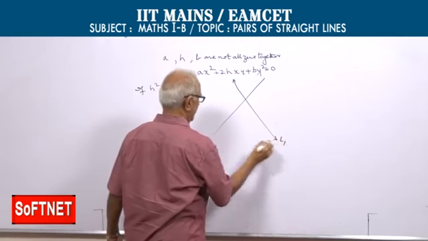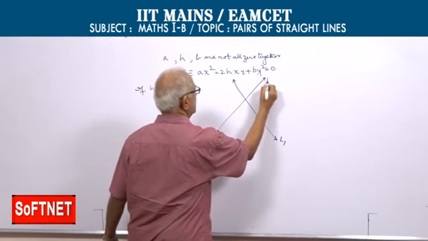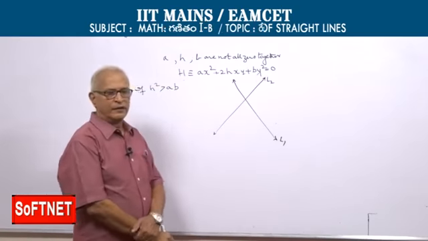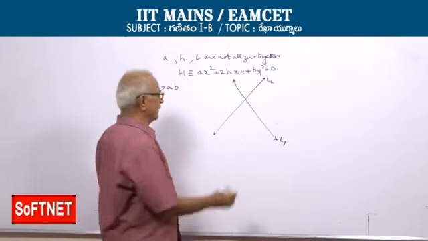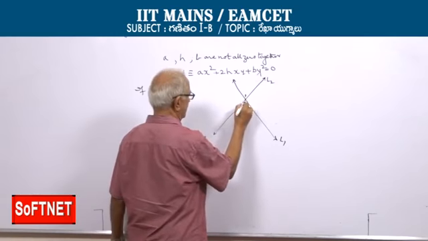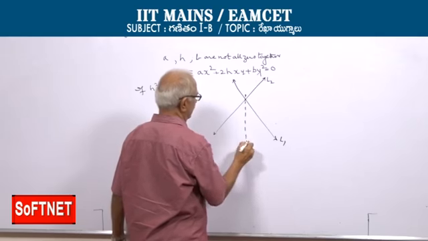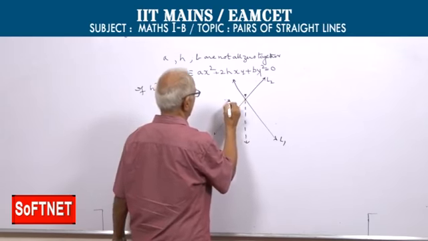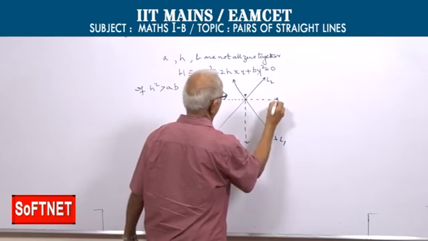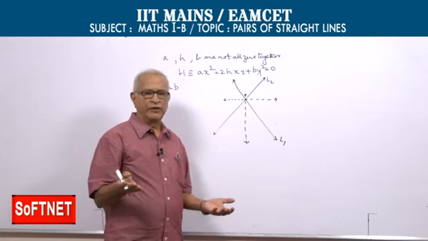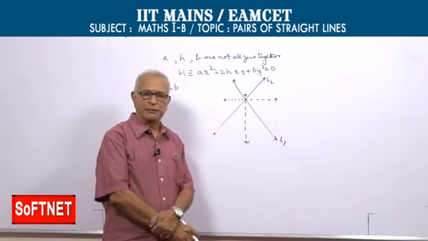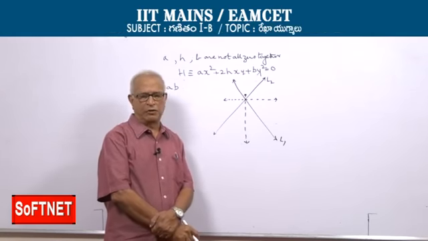One is L1, the other is L2. And you can see that there will be two lines bisecting the two angles between the two lines. One is this angle. This is the bisector of the angle, one of the angles between this, and this is the other bisector. And from the high school geometry, one clearly finds that these two bisectors are perpendicular to each other. రెండు పరస్పర లంబంగా కూడా ఉంటాయి.